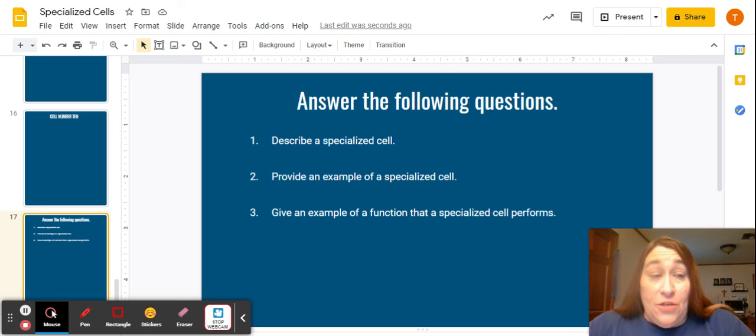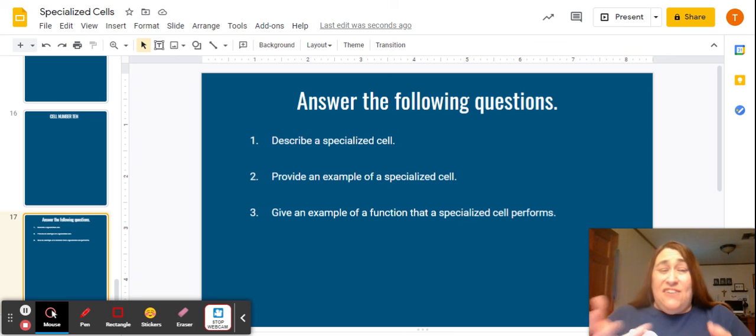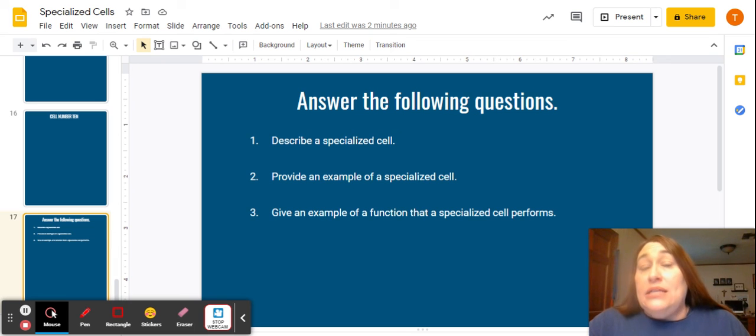The great part about this activity is that instead of having a handful of cards that we don't know what to do with after we've matched them, we have everything organized in a Google Doc. This is going to make a great study aid when we're ready to take the test.